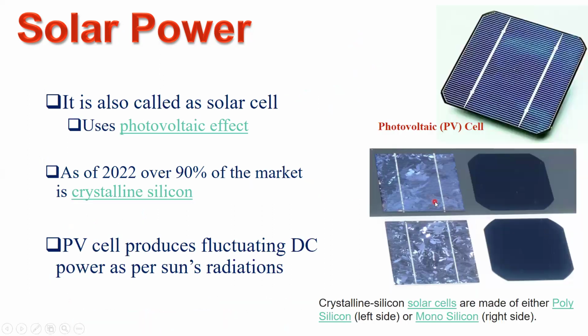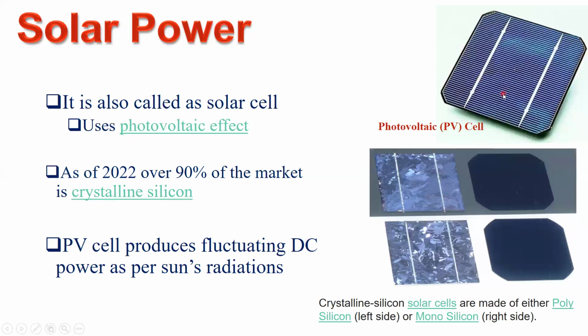Now let us go to the basics of solar power: the cell, which is responsible for converting sunlight into electricity. This unit is called a photovoltaic cell or a solar cell. It is basically made of crystalline silicon. And as of 2022, over 90% of the solar market is made of crystalline silicon.